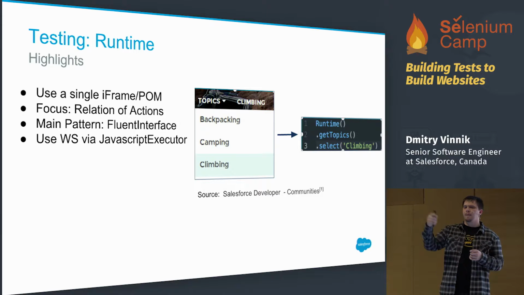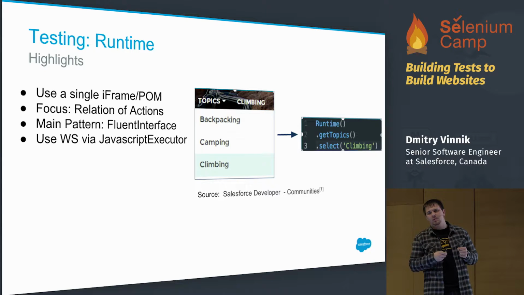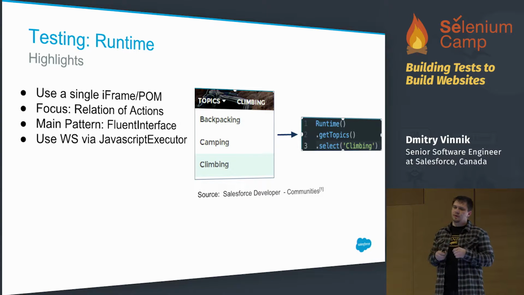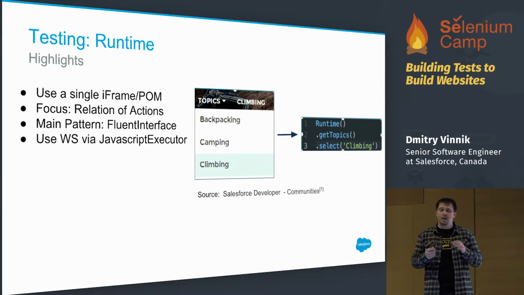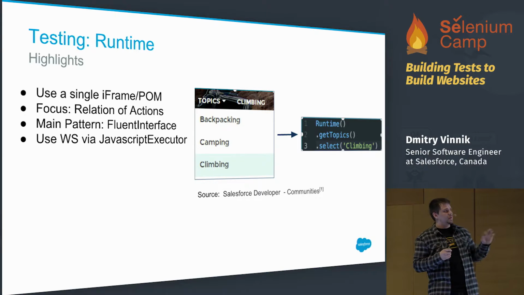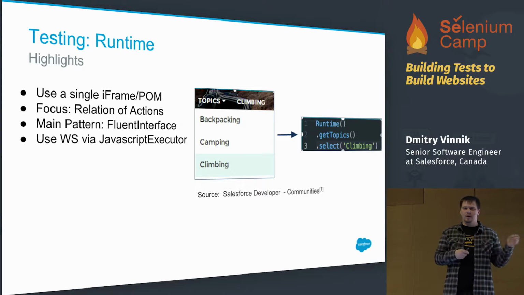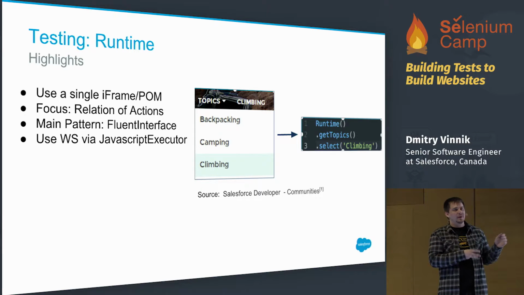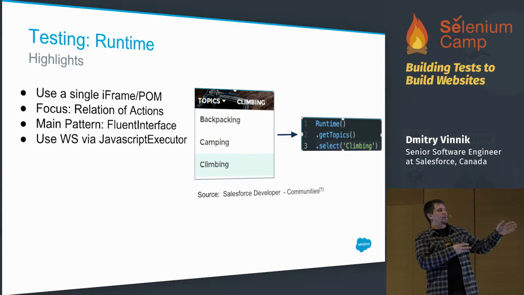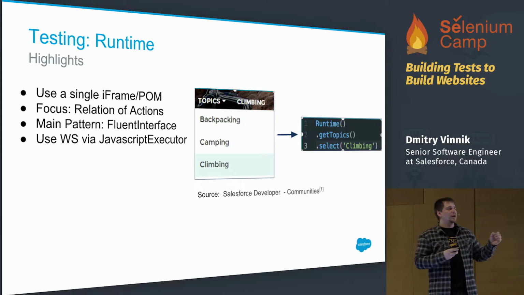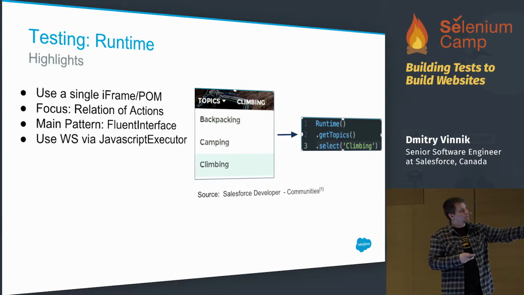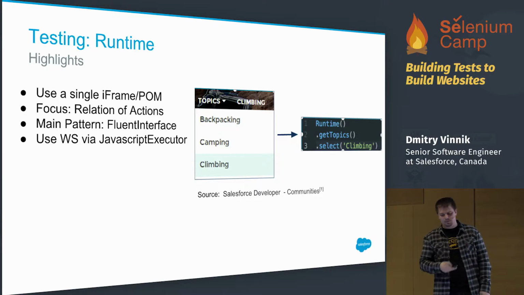It's what I believe Nikolai described yesterday during his session on patterns. The reason for this pattern to be used primarily here is because it should be different from the steps pattern that you deploy for a design time, because you're not interested in intermediate page objects. I only care to get to the final point of my action, where I call select me one of the topics. If you see, after I select it, it gets highlighted here.